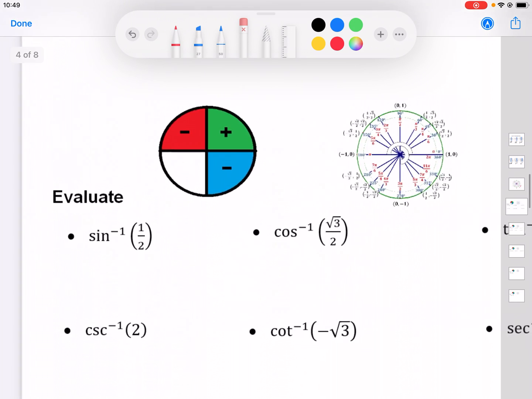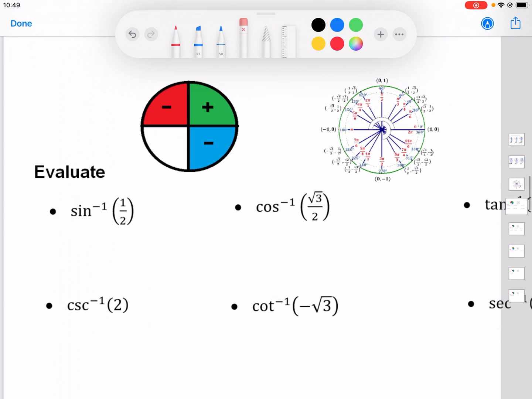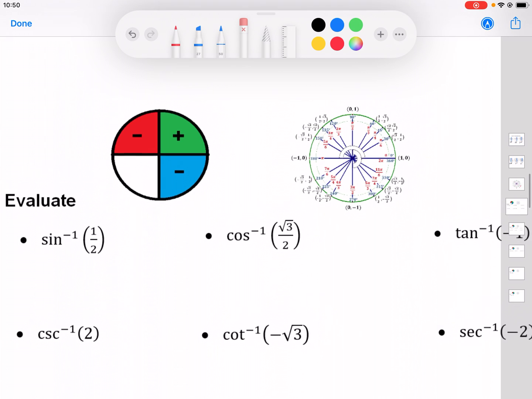So once again, all of these could also be referred to as arc. This one could be referred to as arc sine. This one's arc cosine, arc cosecant, and so on. You just put an arc in front. So let's go ahead and see how this works.